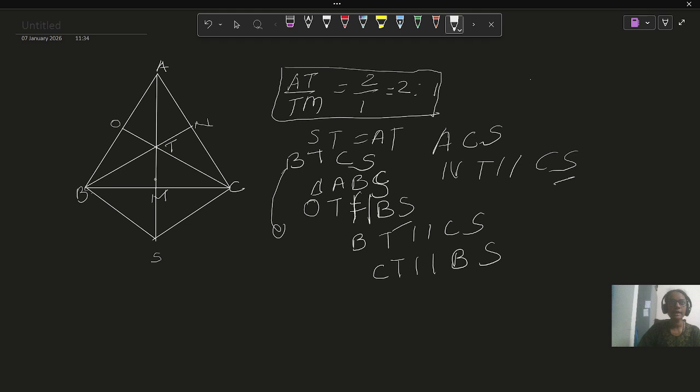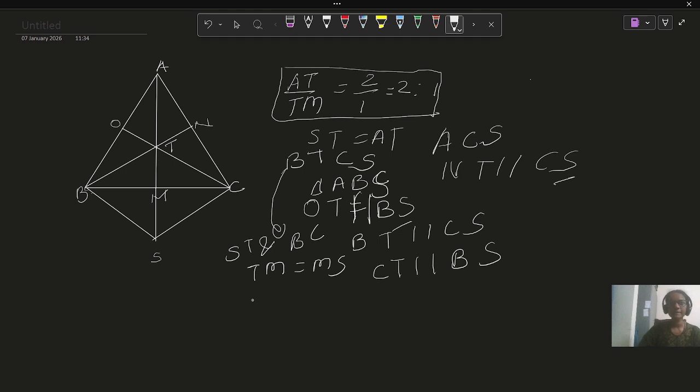Now you can see that ST and BC are the diagonals of a parallelogram, and we very well know that parallelogram diagonals bisect each other. It means what? Please see it carefully, pay attention. That is, TM will be equal to MS, because they are bisecting each other.